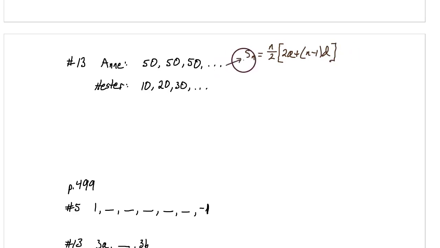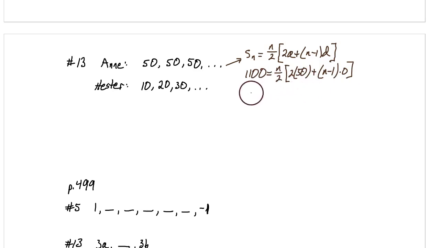Let's examine Anne's sequence in relation to this formula. The sum is 1,100 pages, and that's equal to n divided by 2 times 2 times the first number, plus n minus 1 times d. But the value of d for Anne is 0.